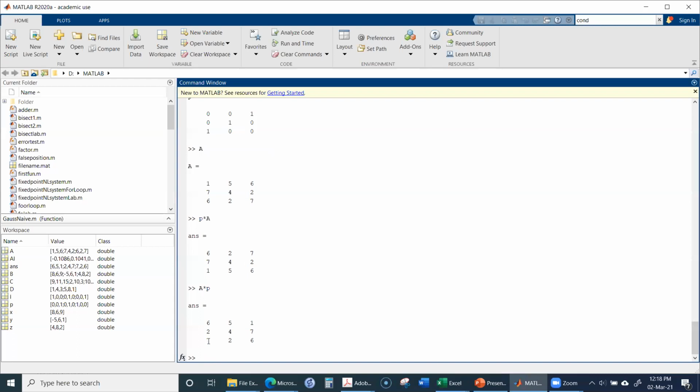It was the third column; now it has become the first column. And the first column has become the third column. So in this way, you can do the row and column interchange operations using the permuted identity matrix. This is one of the observations you can make.